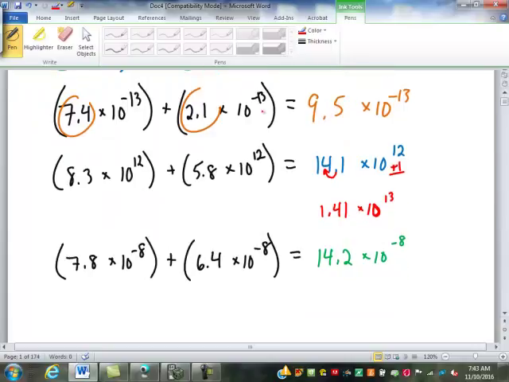Of course, we've got to move our decimal point again. It becomes 1.42 times 10 to the... Number got smaller, power gets larger. Negative 8 plus 1 is negative 7. A lot of people want to go to negative 9 for that. But bigger than negative 8 would be negative 7.